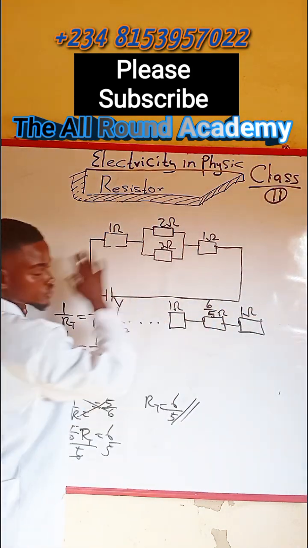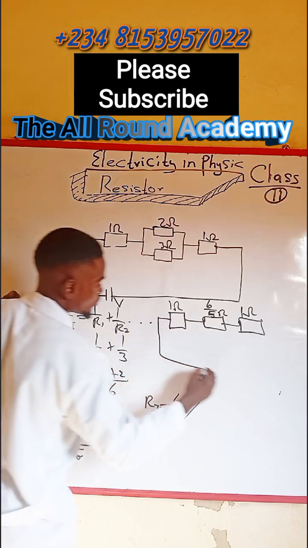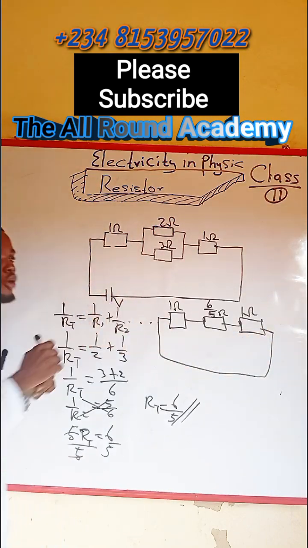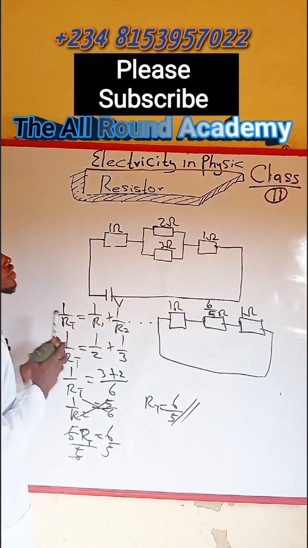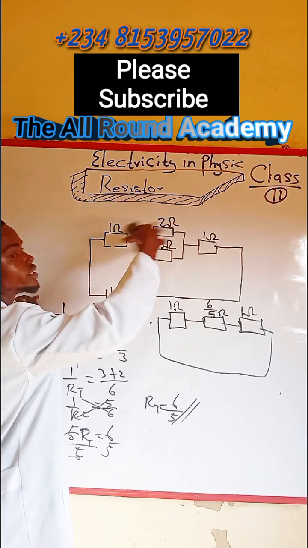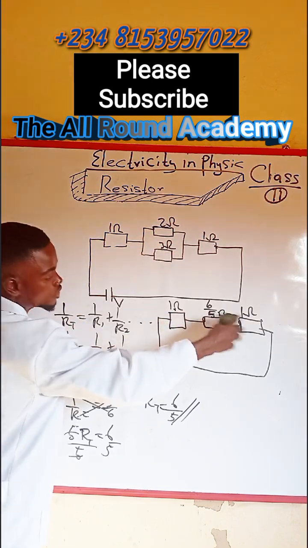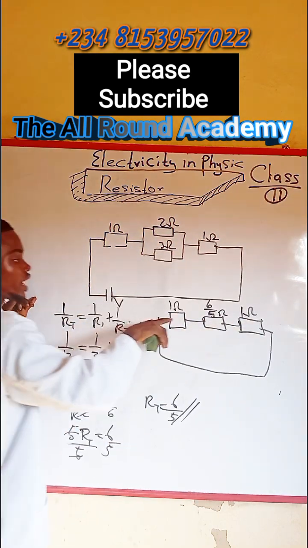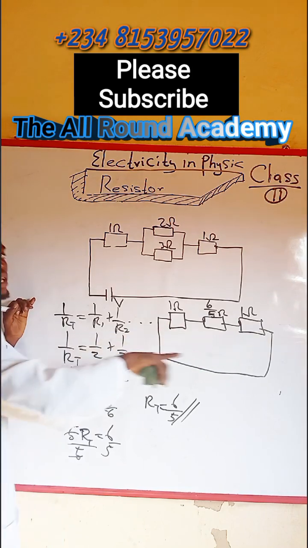So this is what the circuit is going to look like. But meanwhile, while you're studying, you don't need to redraw the question you have and put it in this form. Just know that you now have it attached to the ones in series.